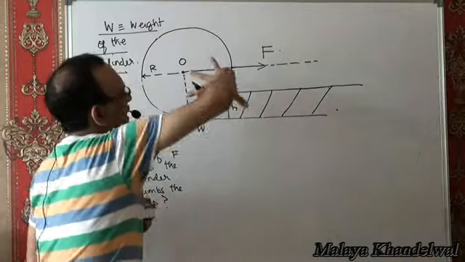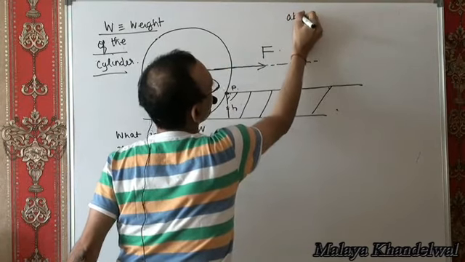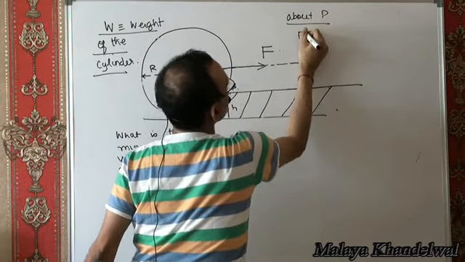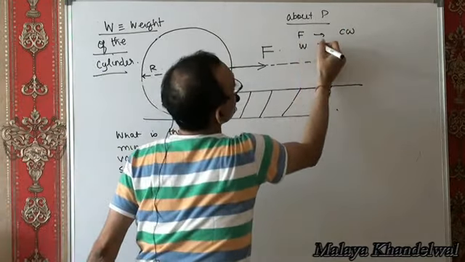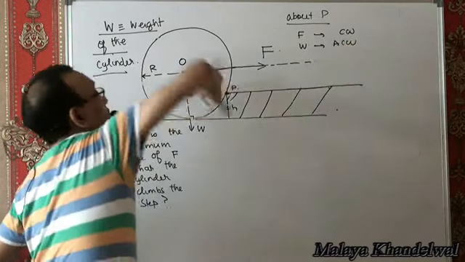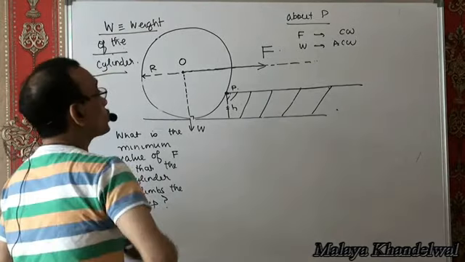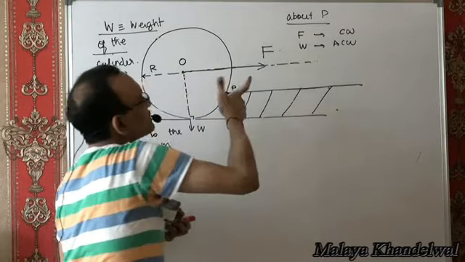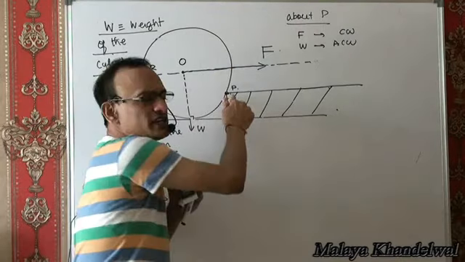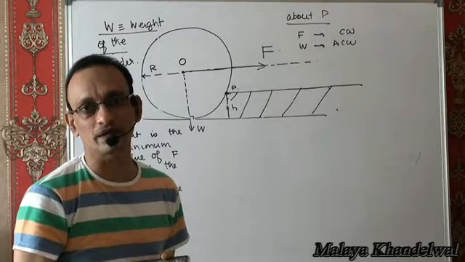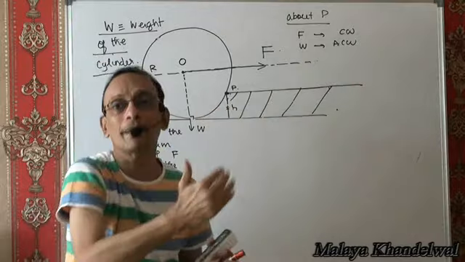Very clearly, F produces a clockwise turning effect about P, whereas W produces an anti-clockwise turning effect about P. So if the clockwise effect just about exceeds the anti-clockwise effect about P, it's going to climb the step. There is a reaction force at P, but it produces no moment about P, so it will not hinder the turning effects produced by F and W about P, right?